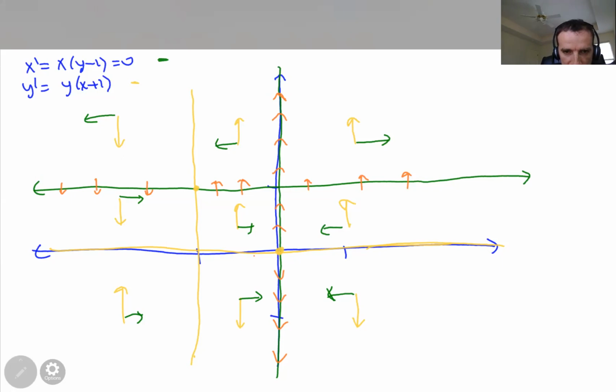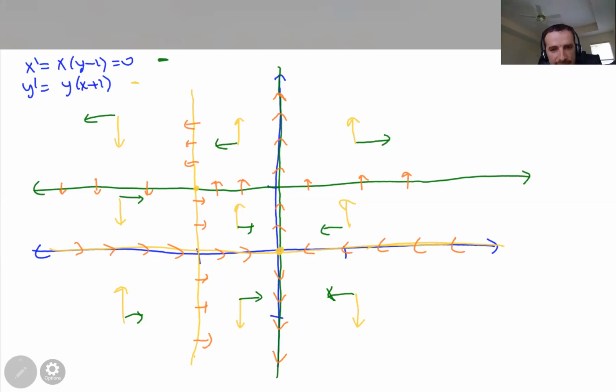And if you look at the directions, it is going this way, going right here, but it's changing direction here because of that. And on the vertical one, again, if you look at the directions, they are here, and here it is this way, right?